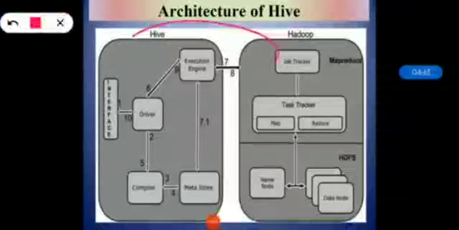In get metadata, the compiler sends a metadata request, and the metastore sends the metadata as a response to the compiler. Then in send plan, the compiler checks the requirement and resends the plan to the driver. In execute plan, the driver sends the execute plan to the execution engine. In the execute job step, the job executed is actually a MapReduce job.